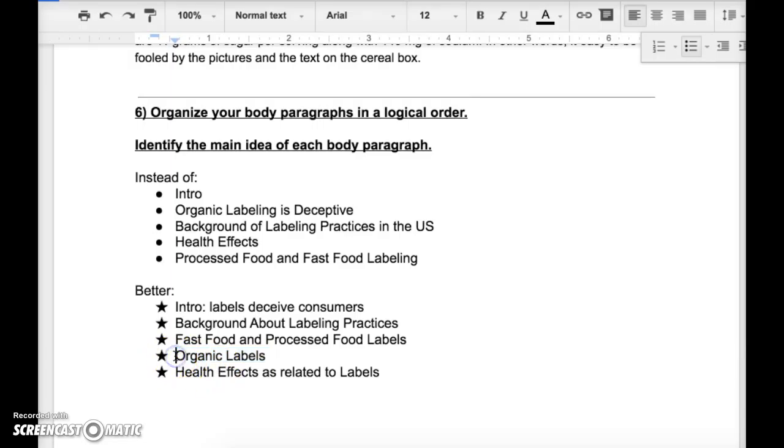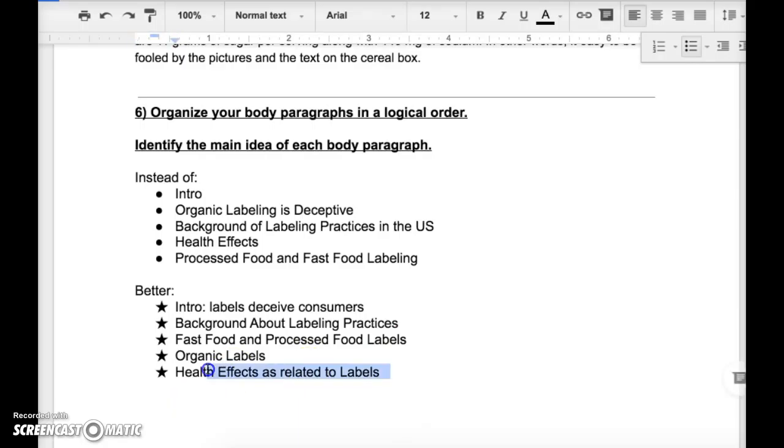I would probably preface it by saying something like, well, not only do fast food and processed food have these hard to decipher labels, but even organic food does too. And here's why.